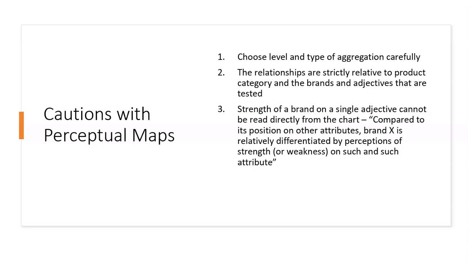Third, the strength of a brand on a single adjective cannot be read directly from the chart. And so we say that compared to its position on other attributes, brand X is relatively differentiated by perception of strength or by perception of weakness on such and such attribute. So we use the term relatively differentiated.